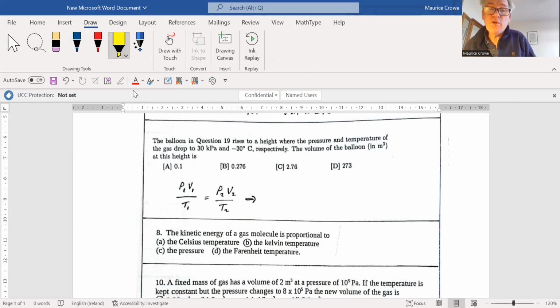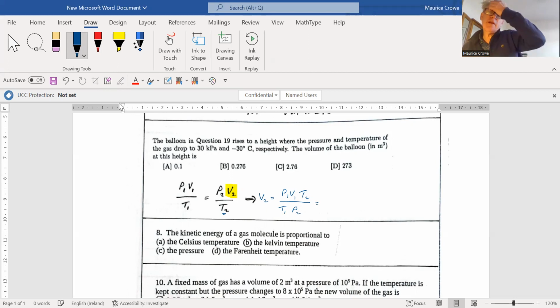This is the new volume. So then I just rearrange the formula there, and I can say that V2 is going to be equal to P1 V1, and that T2 is going to go up there like that, over T1 is already there, and P2 comes down to join it there, and there you have it.